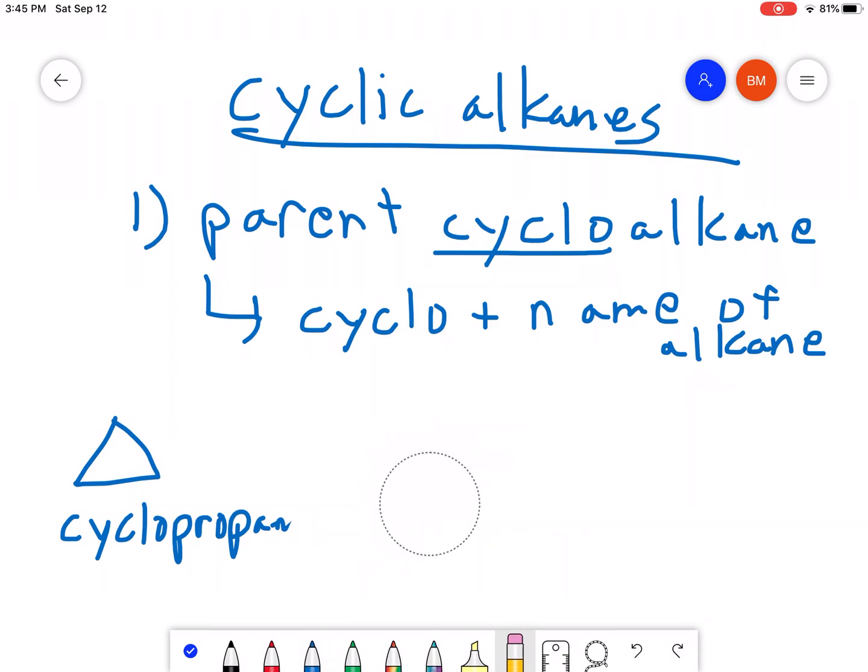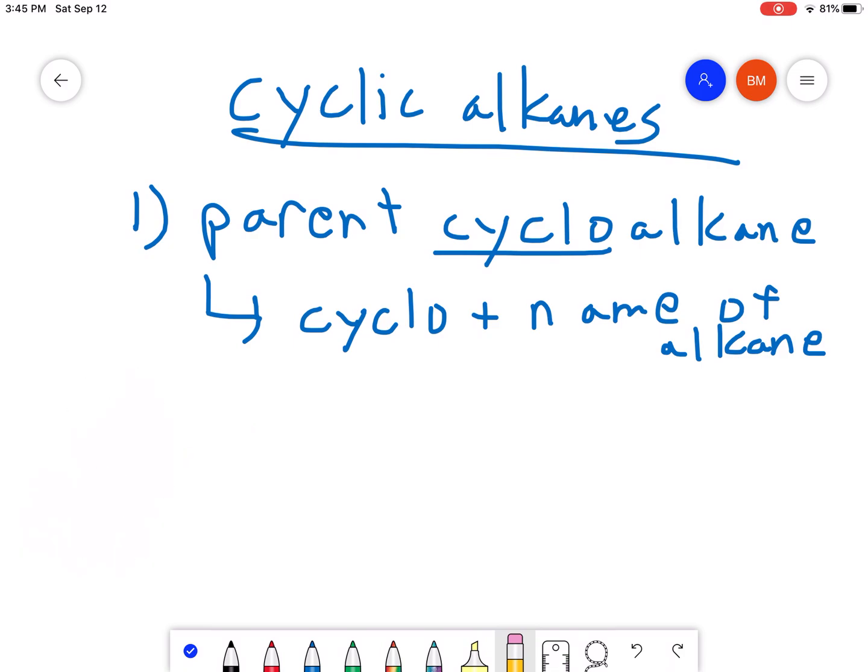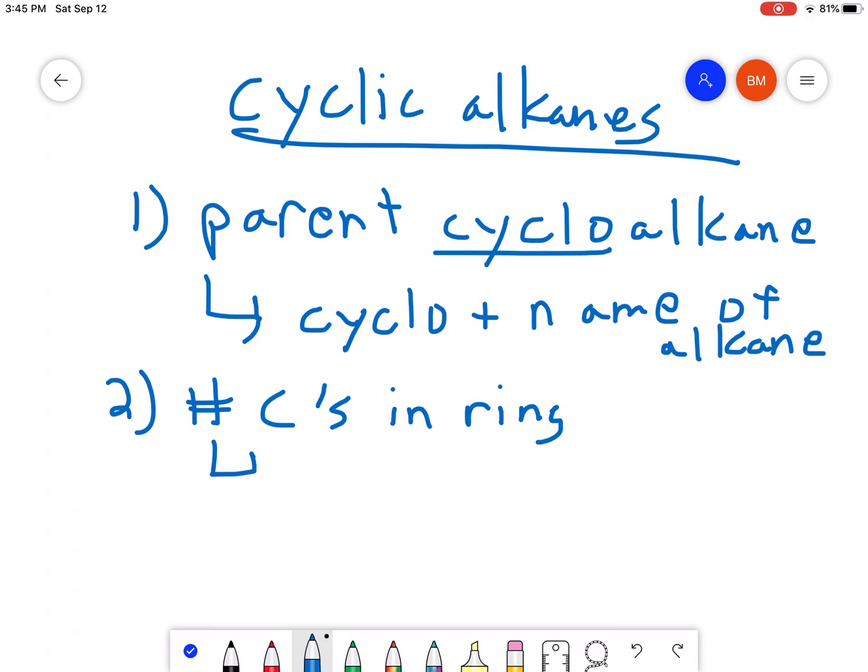So identification of the parent ring is usually pretty easy with this. All right? Once you find the parent ring, you got to number the carbons in the ring. Okay? And really, for doing this, it's essentially the same rules.